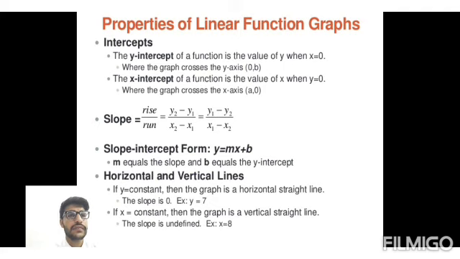Slope intercept form is y = mx + b, and there are horizontal and vertical lines. In slope intercept form, m is equal to the slope and b is the y-intercept. If the graph is a horizontal straight line, the slope is 0, for example y = 7. If the graph is a vertical straight line, the slope is undefined, for example x = 8.